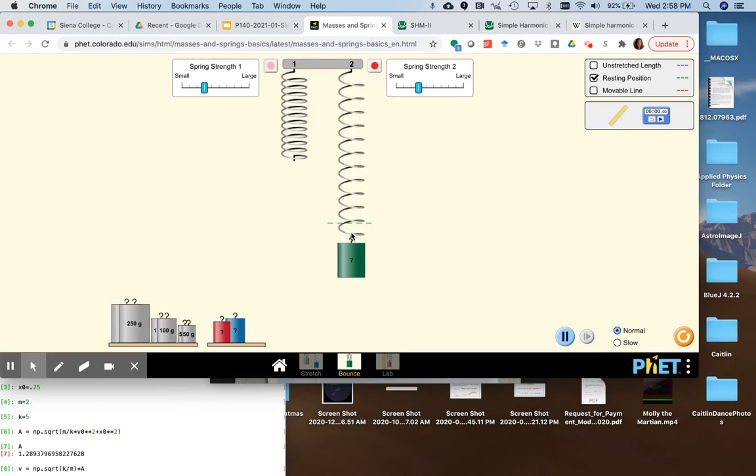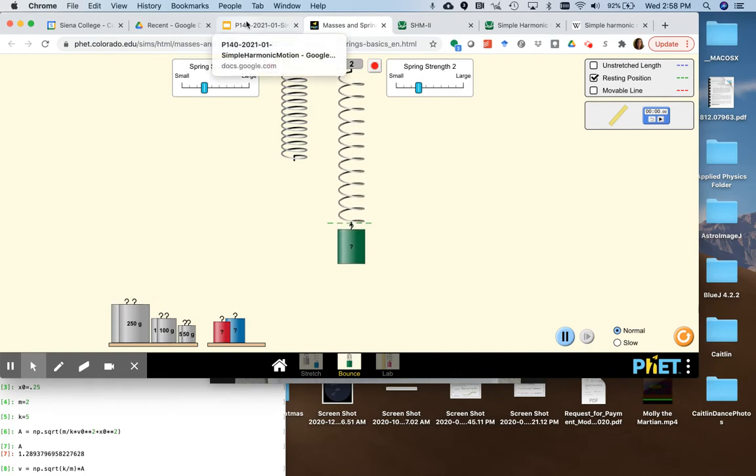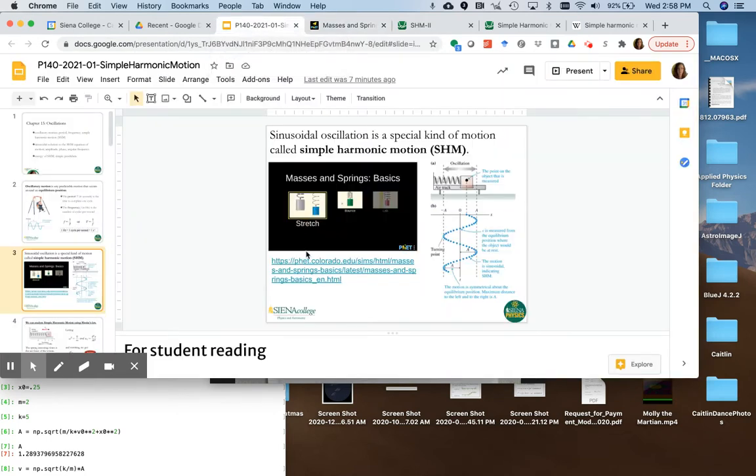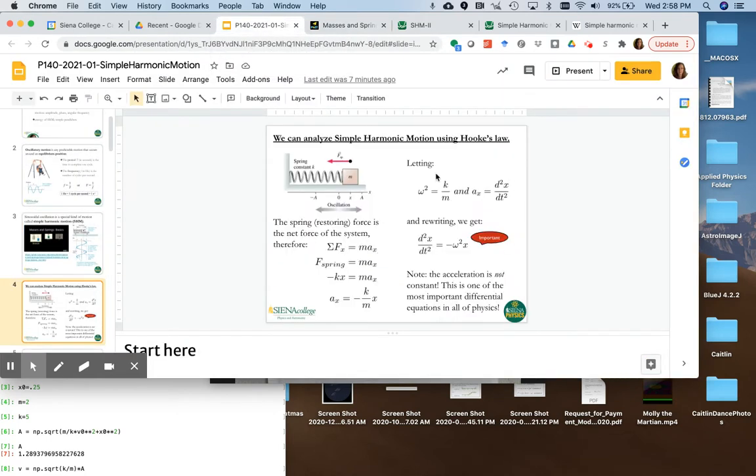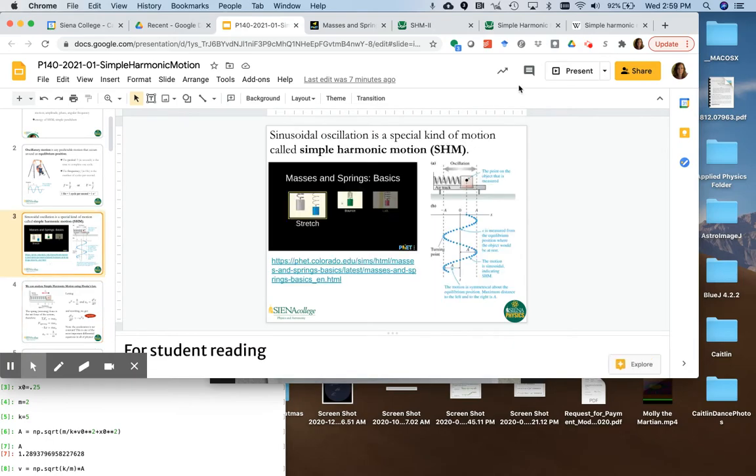And then as it passes through the equilibrium position, there's no potential energy stored in the spring at that point. You get maximum potential energy at the max or min height, and then max kinetic energy, the energy of motion, as it passes through the equilibrium. That simulation is available for you if you want to play with it, try different masses, all that kind of stuff.